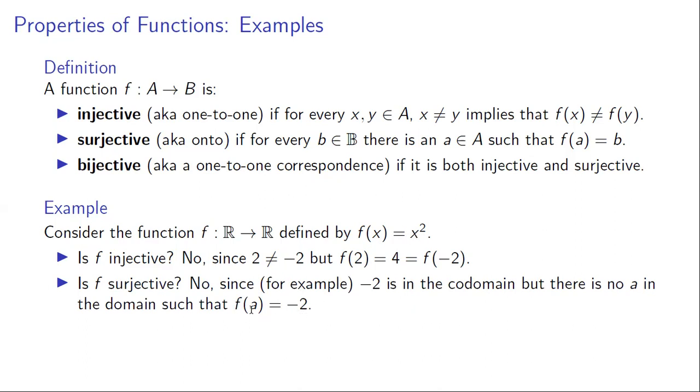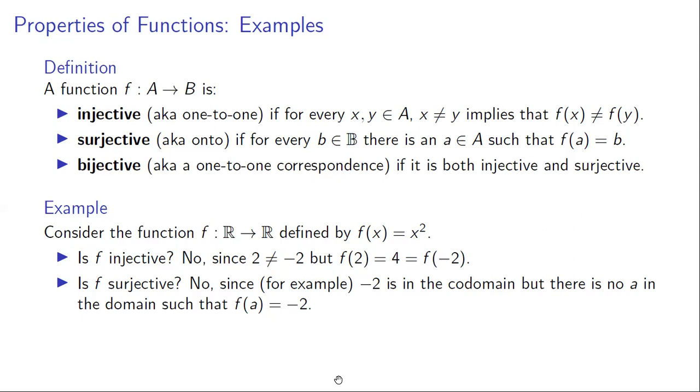There is no possible input to f such that that input squared would lead to -2. Because if you square any real number, you'll get either 0 or positive, but you won't get a negative result.